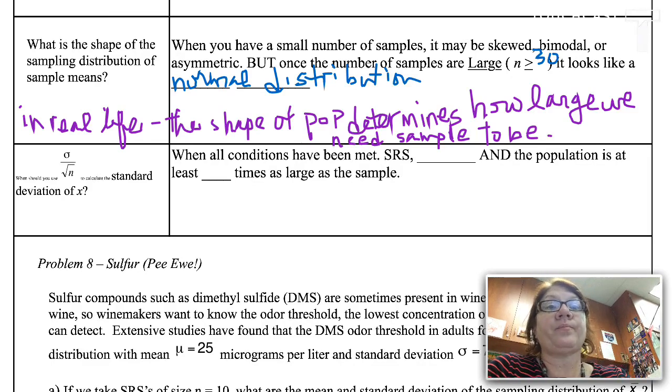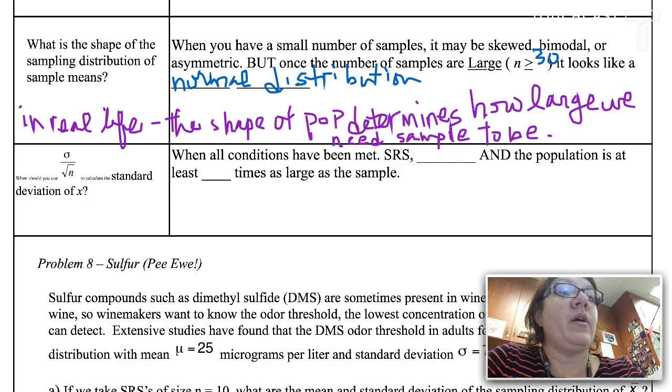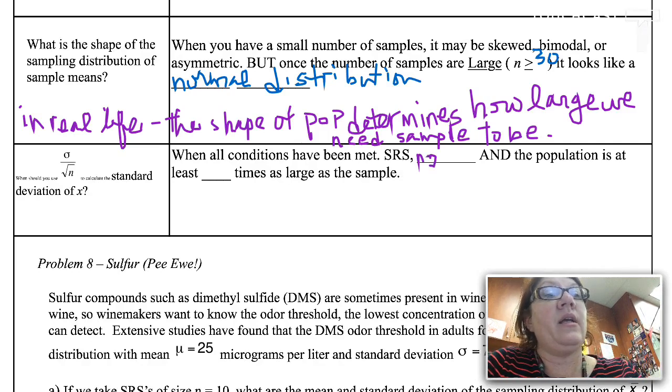And then when all the conditions have been met, SRS, normality, remember with p hats, we were also looking at, is it normal? So same thing is true for sample means. So if I have an SRS, remember I can't screw up my data collection.